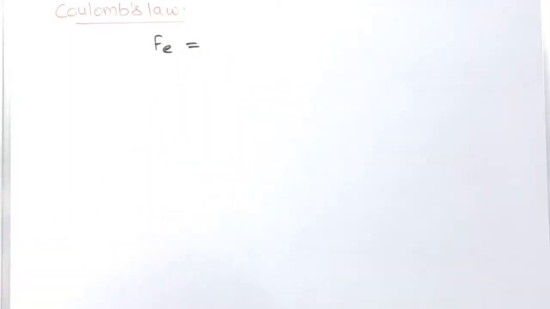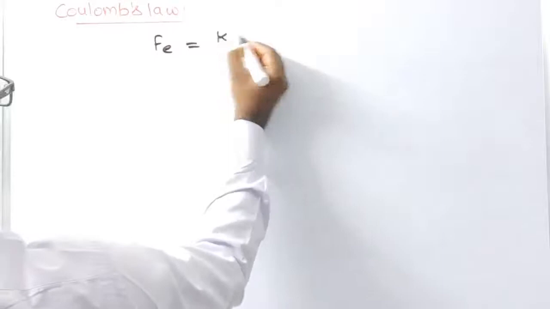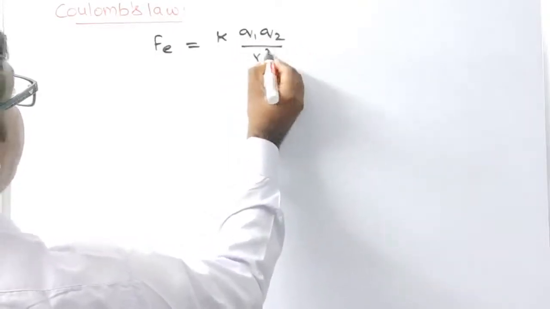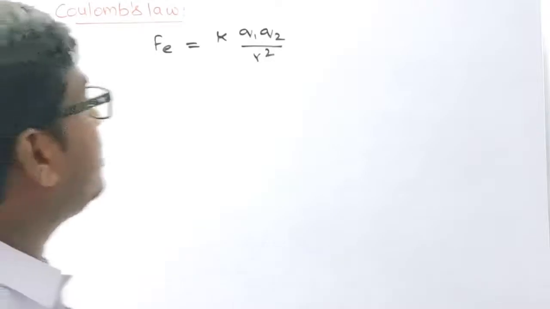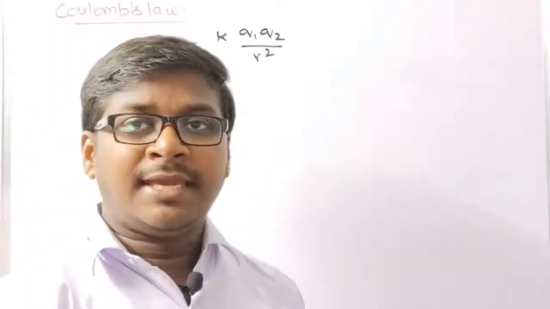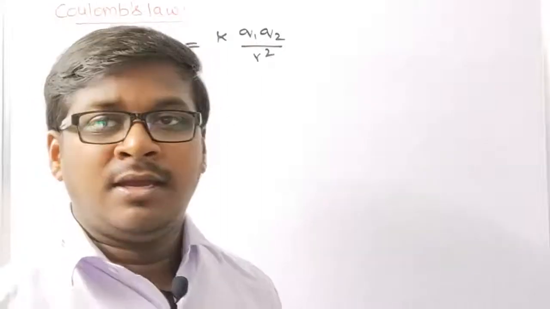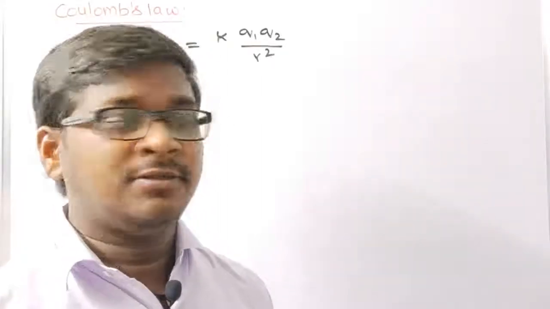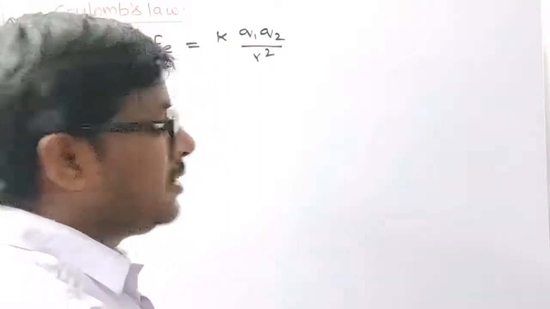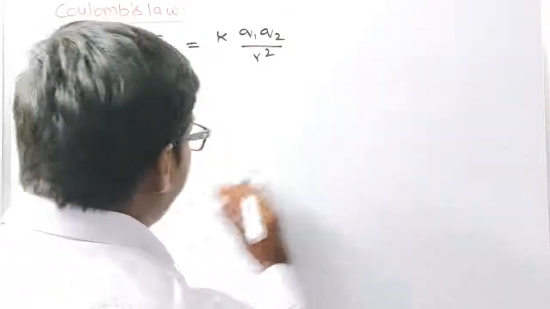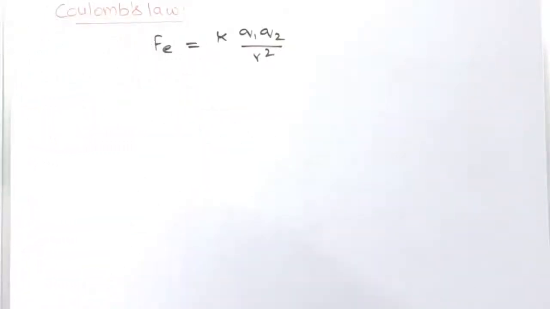Fe is equal to K into Q1 Q2 by R square. Here K is the proportionality constant. K depends on the nature of the medium separating the charges and on the system of units.